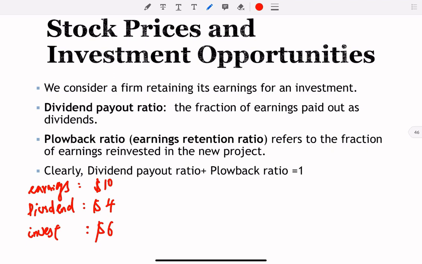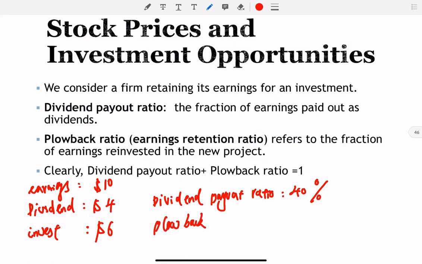So here, the dividend payout ratio is 4 divided by 10, which is 40%. And the plowback ratio is 60%, which is 6 divided by 10. So obviously, 40% plus 60% gives you 100%.